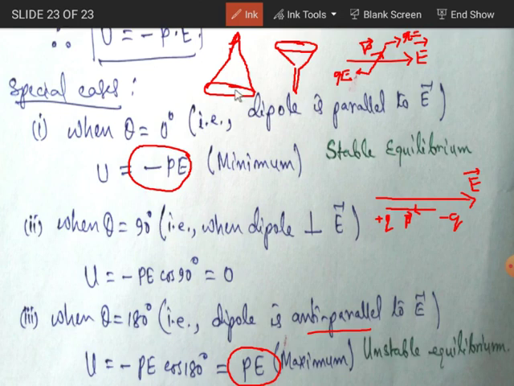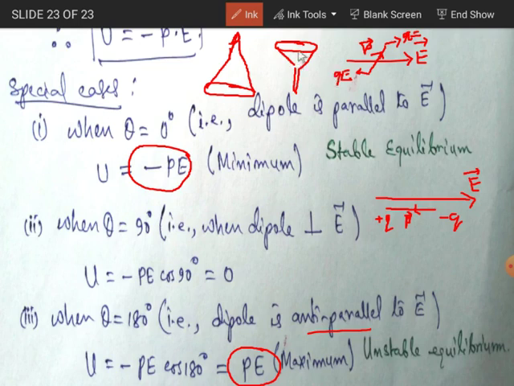But this one is stable equilibrium. Why? Because the energy possessed by it is minimum. That's why when you disturb it a little bit from here, it will try to come back to its equilibrium position. But in this case, when you disturb the position a little bit, this position will not be returning, rather this funnel will fall down, right?